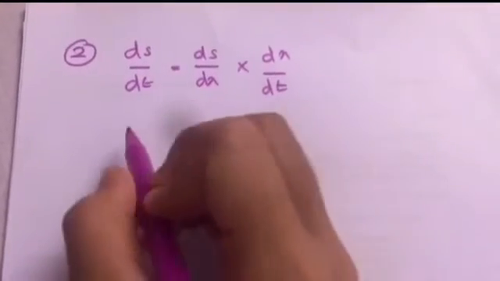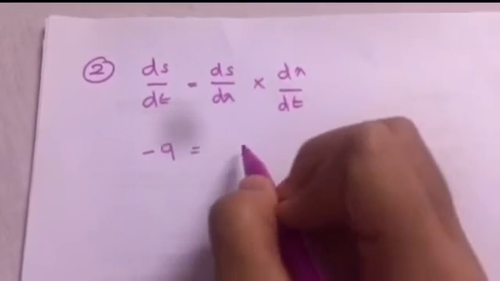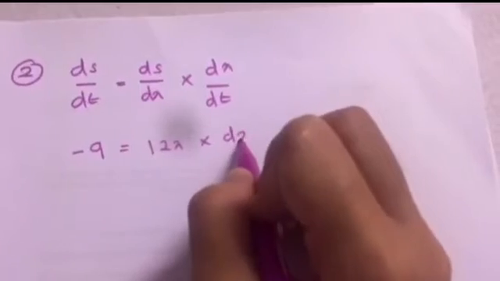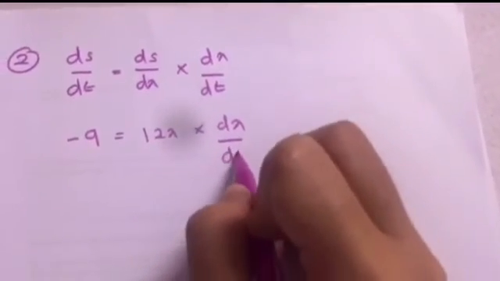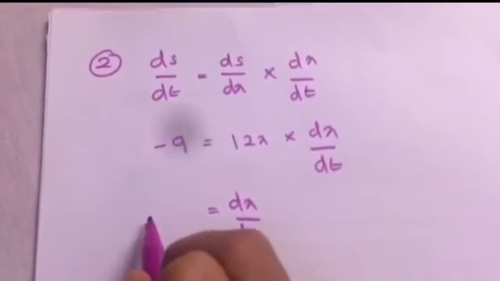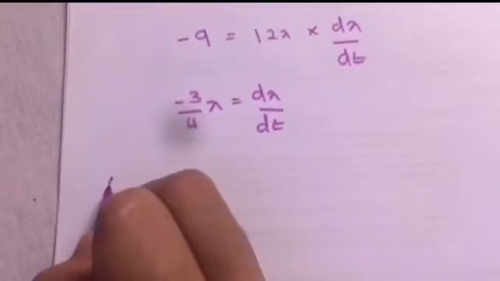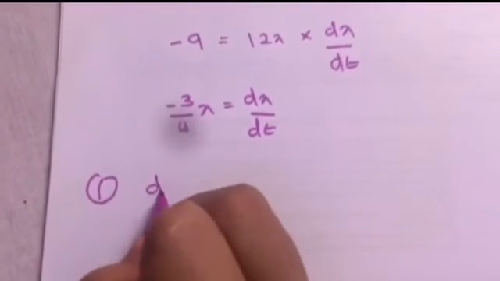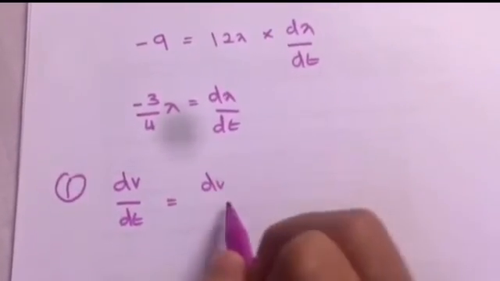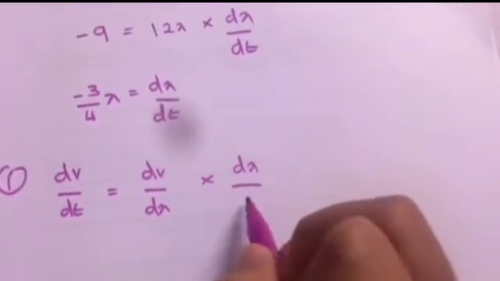So ds over dt equals negative 9, ds over dx equals 12x, multiplied by dx over dt, giving dx over dt equal to negative 3 over 4x. And the first equation would be dv over dt equal to dv over dx multiplied by dx over dt.